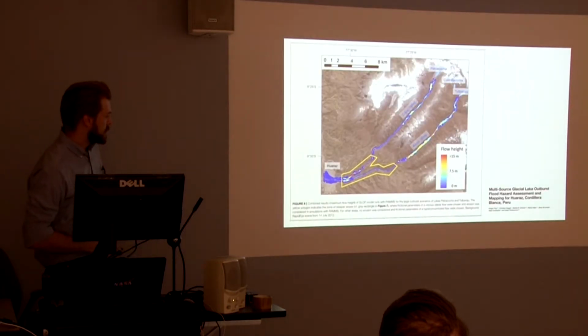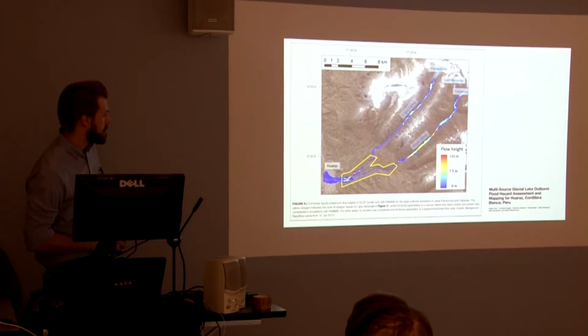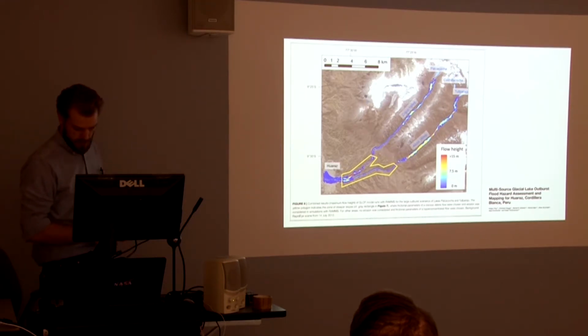So here's an example of what something like this might look like downriver, where you've got the flow height estimate, and you can see that even into town, you've got flow heights reaching 15 meters based upon some of these slide events.